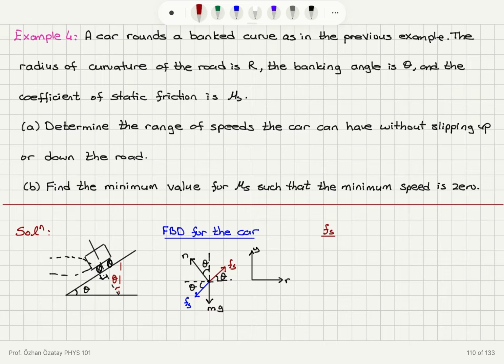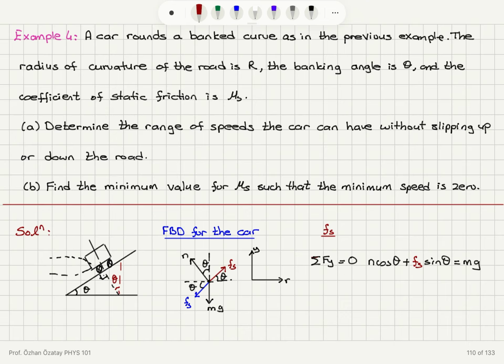When I write the net force on the y-axis, this must be equal to 0 because the car is not moving on the y-axis. So that is n cosine theta, pointing up, and then I have a component of the static friction, Fs sine theta, pointing up, and then I have mg pointing down, so this must be equal to mg.